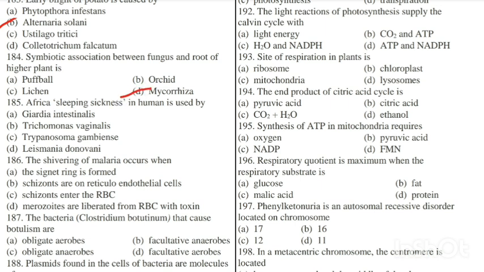African sleeping sickness in humans is caused by... So here the right answer is Trypanosoma gambiense. Next question. The shivering of a malaria patient occurs when... so the right answer is merozoites are liberated from RBC with toxin.